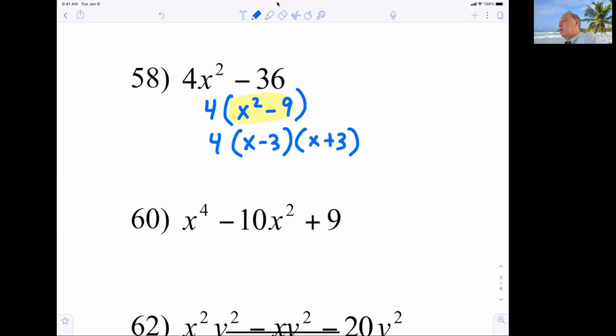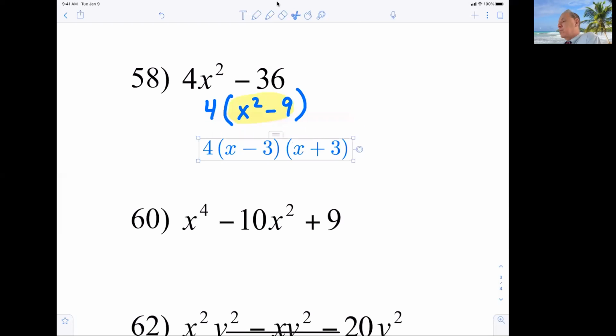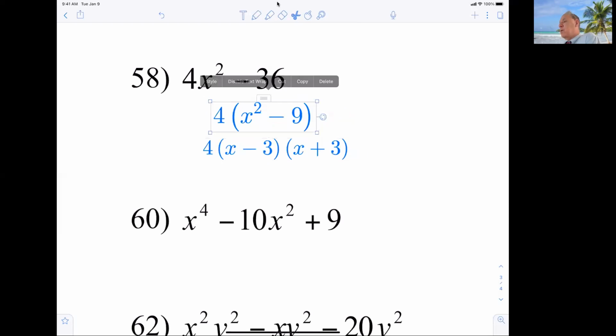Exactly correct. 4 times x minus 3 times x plus 3. All right, so essentially what you're doing is just factoring twice sometimes. First thing is, rule number 1, always look for the GCF.